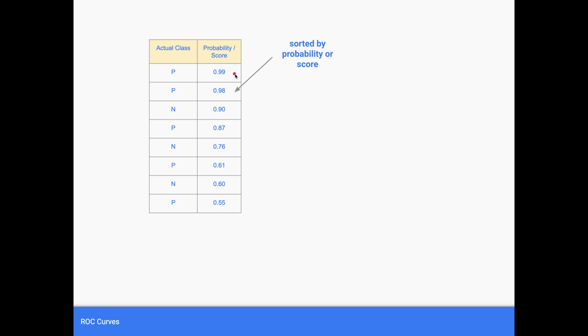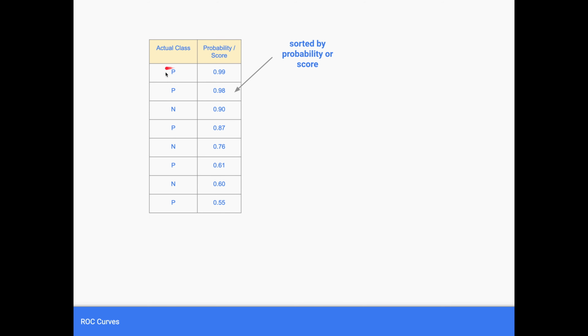Now the way to do that is, we here have known actual classes for the data, because this is training data. We look at the scores and we organize this table in descending order.